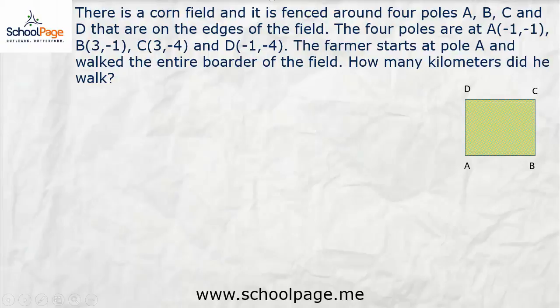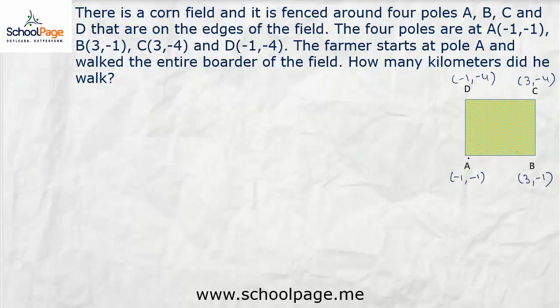Let us take a real life example where there is a cornfield and it is fenced around the 4 poles A, B, C, D that are on the edges of the field. The 4 poles are at A (-1, -1), B (3, -1), C (3, -4), and D (-1, -4).